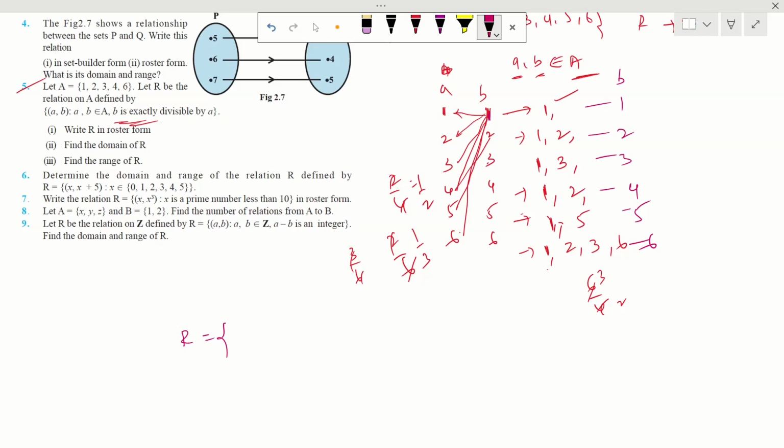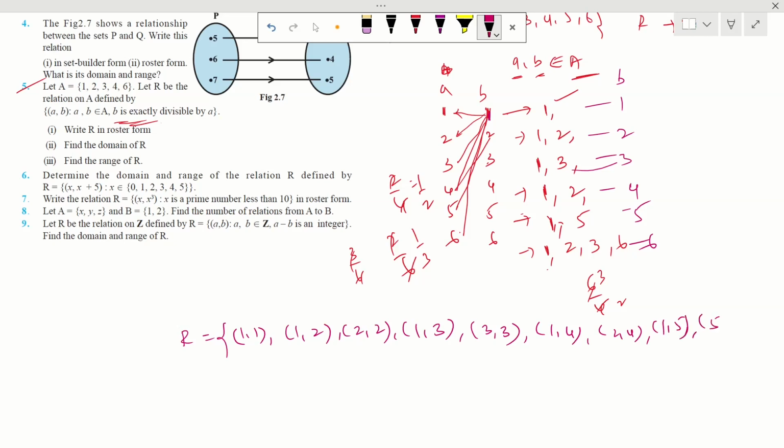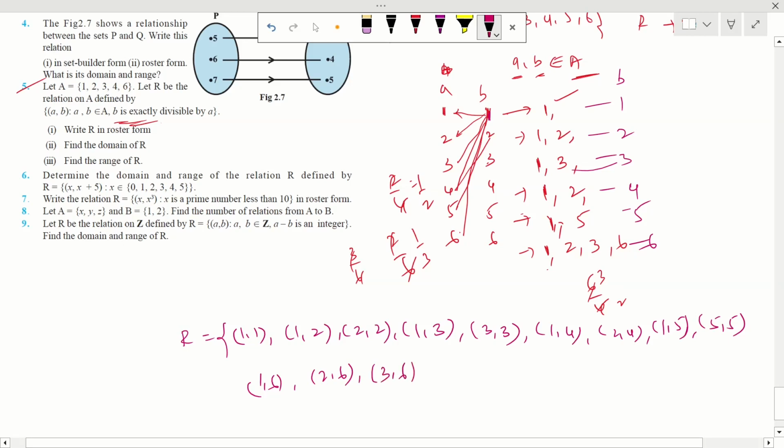Then we have to write here 1 comma 1, and 1 comma 2, and 2 comma 2, and here 1 comma 3, and here 3 comma 3, and here 1 comma 4, and here 2 comma 4, and here 1 comma 5, and 5 comma 5, and here 1 comma 6, 2 comma 6, 3 comma 6, and 6 comma 6.